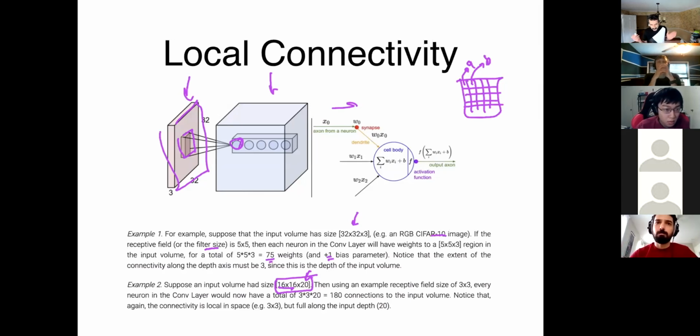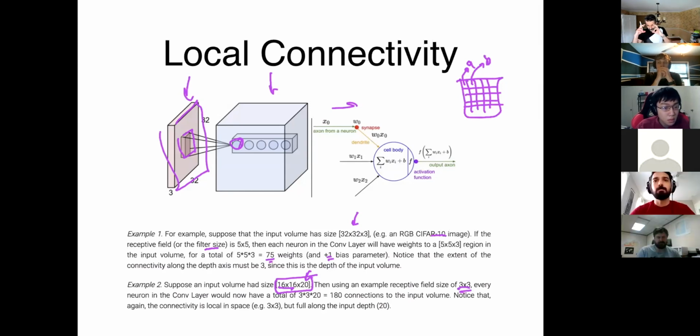Then you want, for example, to use a kernel size of 3 by 3, but you need to have 20 of them to convolve to produce the output, right? Differentiating this gives you a better understanding of what's going on inside the network and how these activations are being produced.